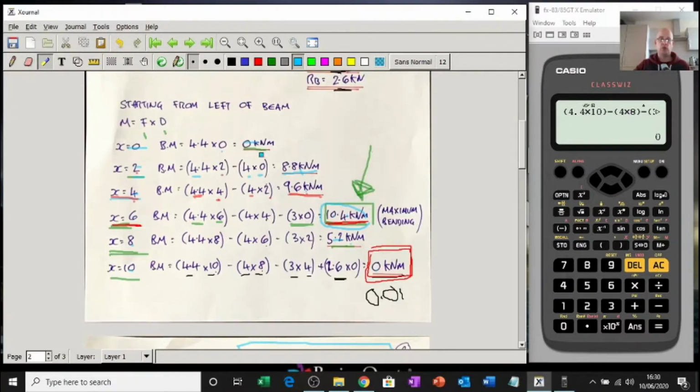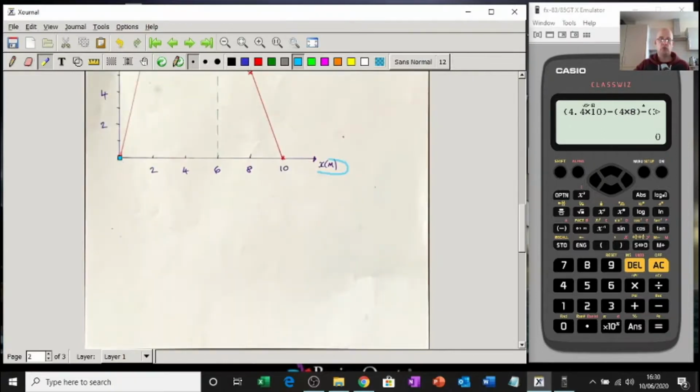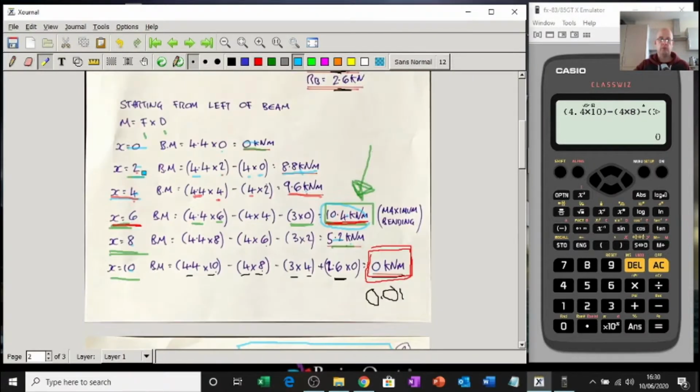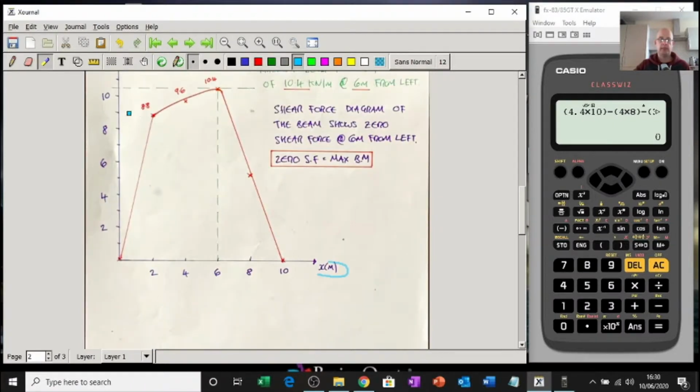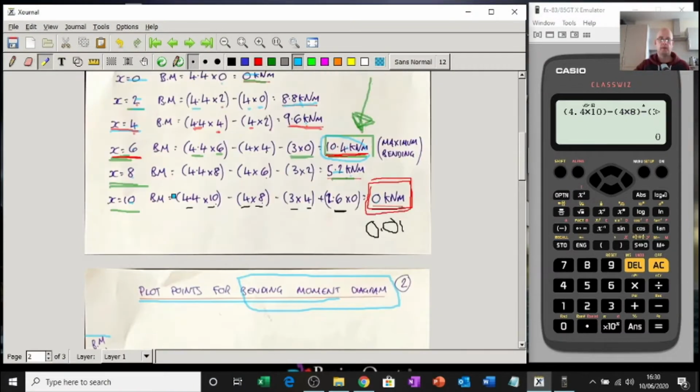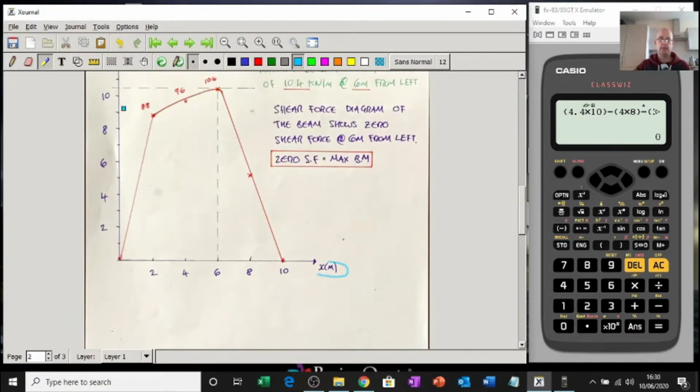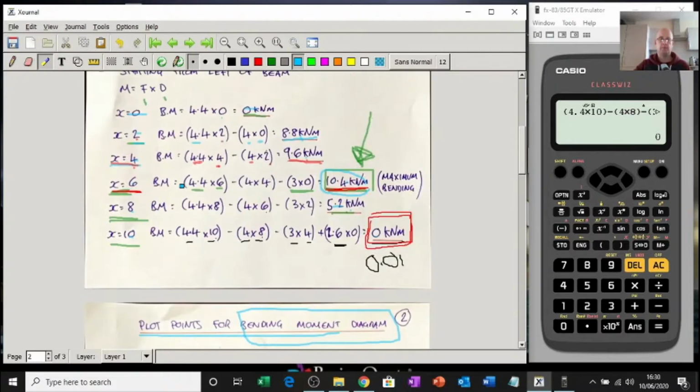So then x equals 0 and 0. And then 2 is 8.8, so there's 2 and there's 8.8. Use a ruler if you haven't got any graph paper. 4 is 9.6, so 4 is 9.6. Plot the point, put the numbers in.